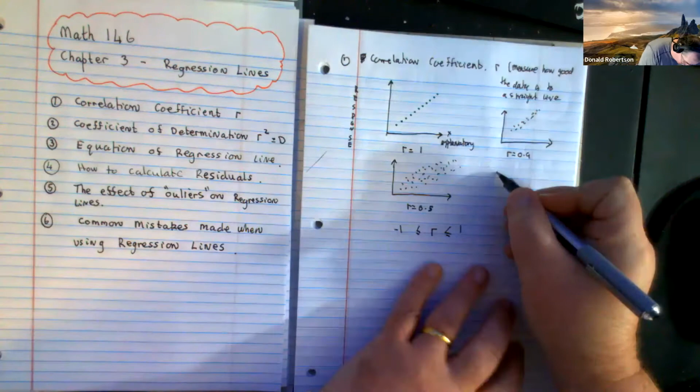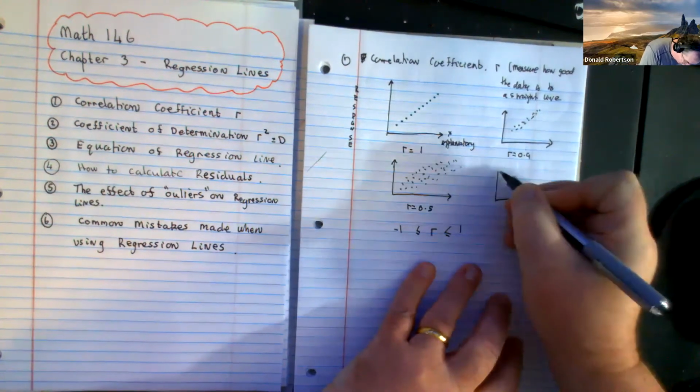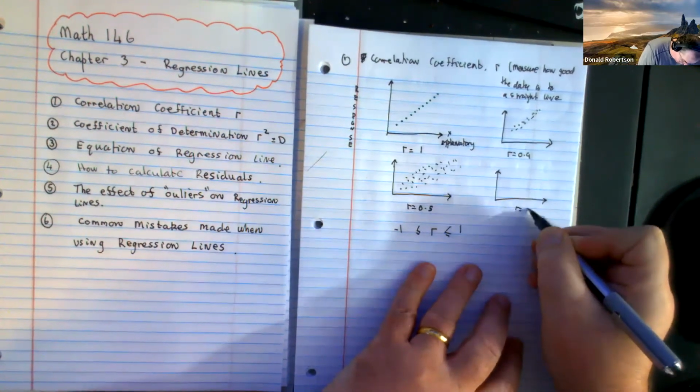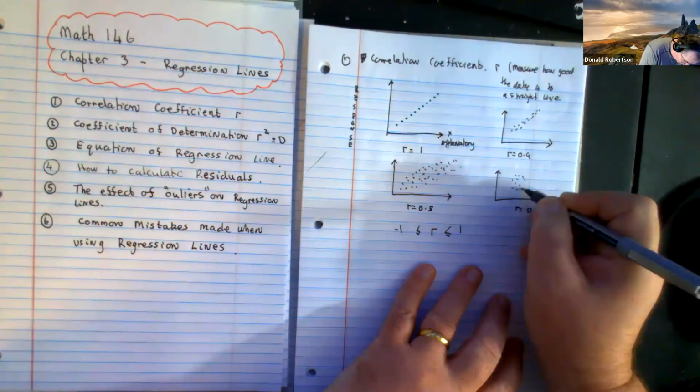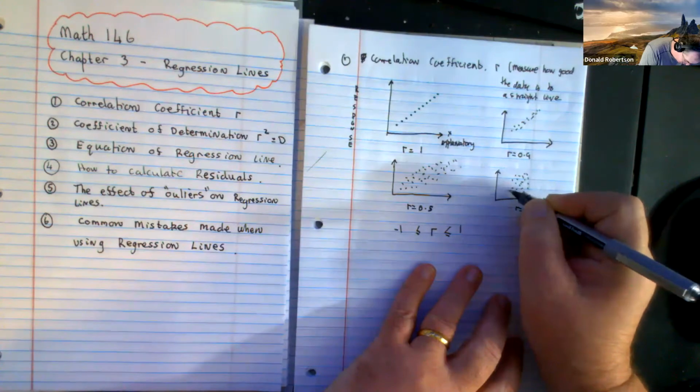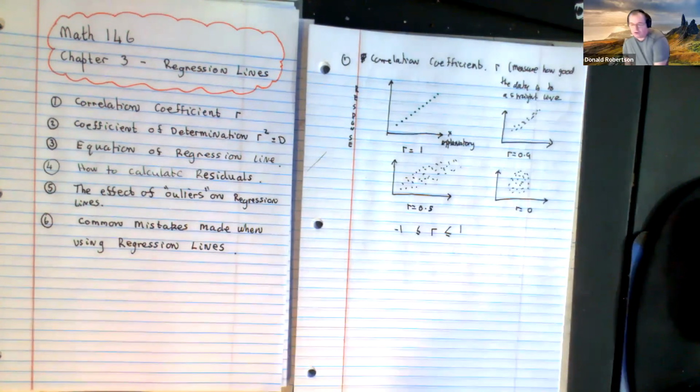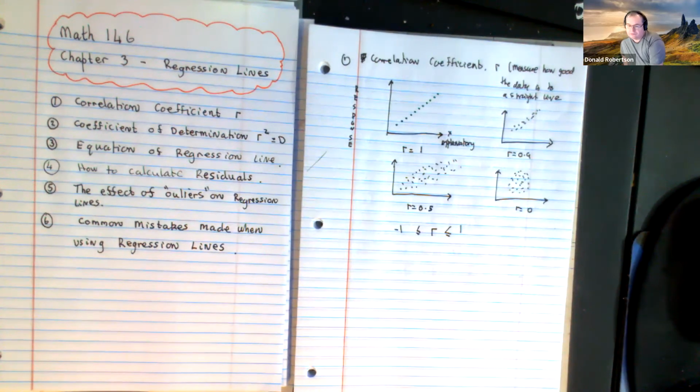And if you got an R value, a correlation coefficient value of 0, you would be looking at no discernible shape. You know, like the shotgun on a target, right? Somebody got one of those shotguns and blasted, and you just get a big circle of nothingness.